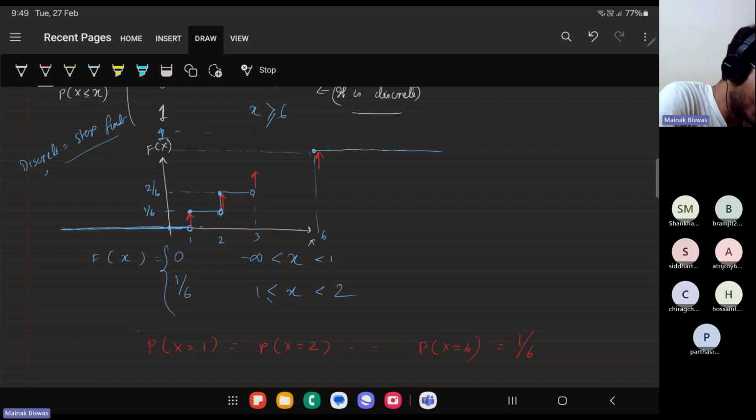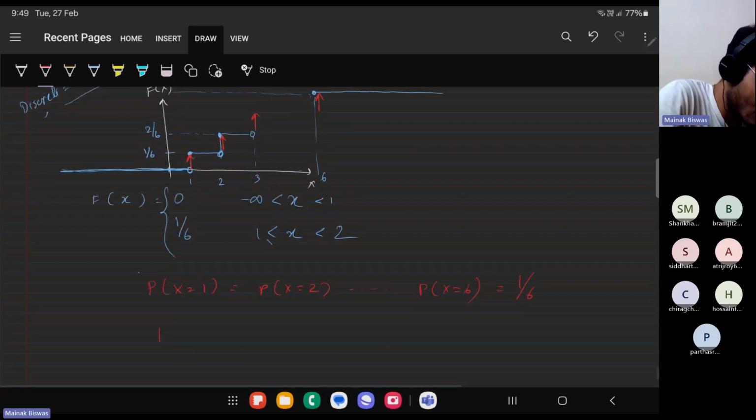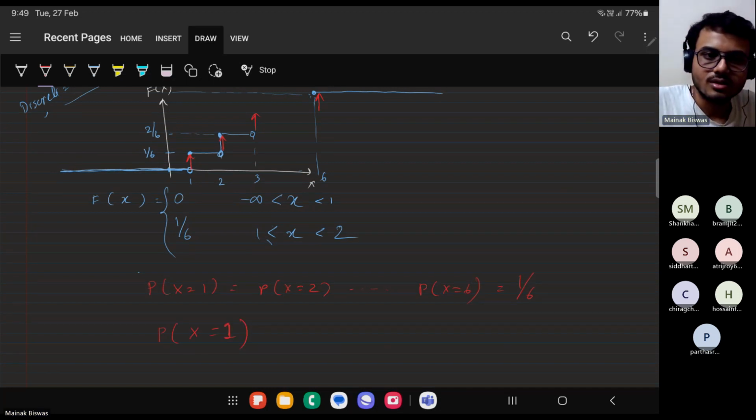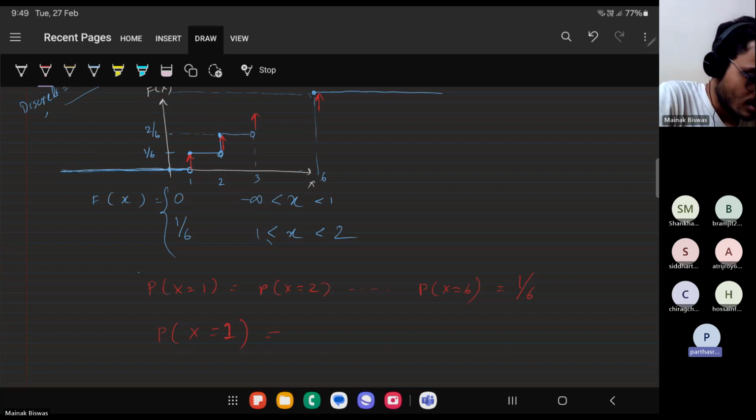See, when I reached 1, if I say probability of X equal to 1, isn't it? Yes. What does that mean? I can write it as probability of X less than or equal to 1 minus probability of X less than or equal to 0.